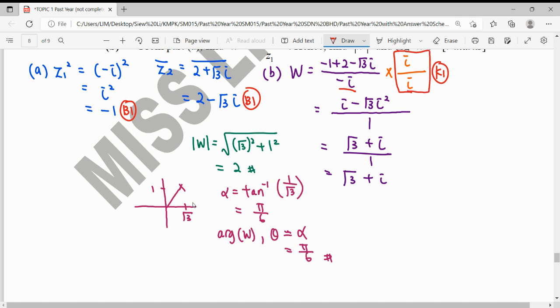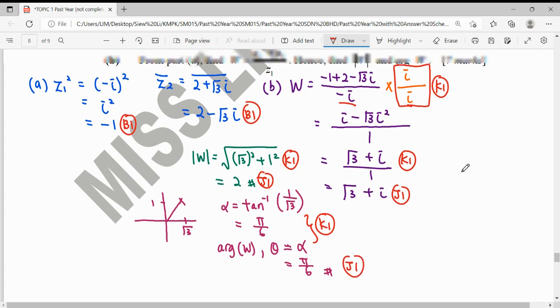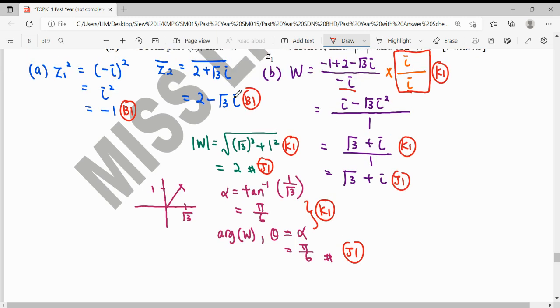Then we simplify, substituting i squared equals negative 1 to get this standard form. Then we find its modulus and answer. Finally, we find its argument, theta which is equal to alpha, then answer. So 1, 2, 3, 4, 5, 6, 7 marks. Then this is 2 marks.